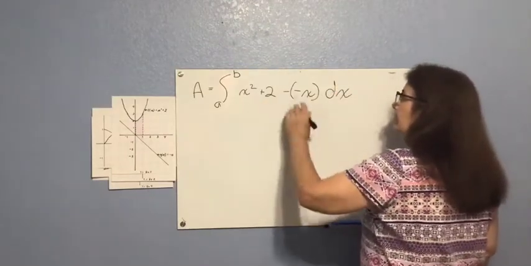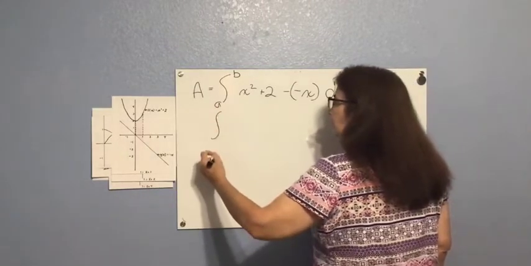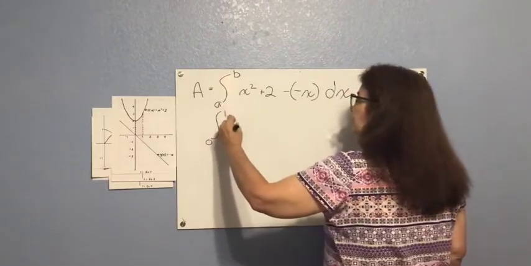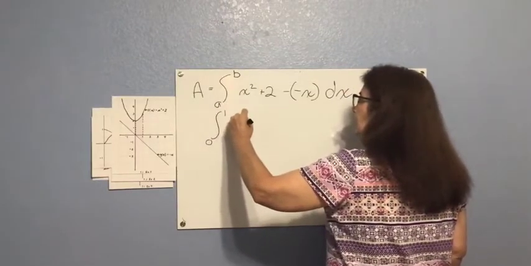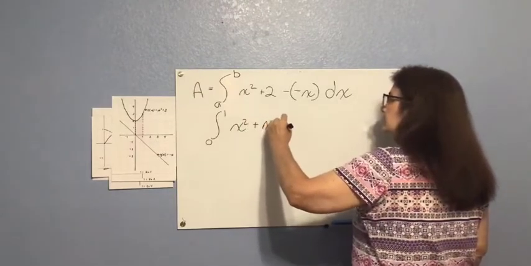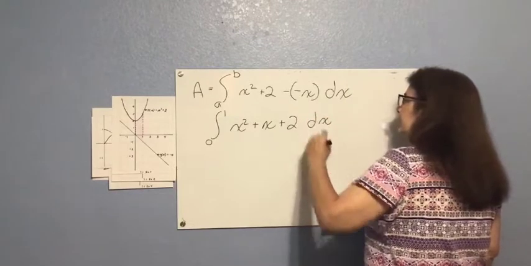Okay, I can combine these two functions, and I know that my limits are going to be from 0 to 1, x squared plus x plus 2 dx.